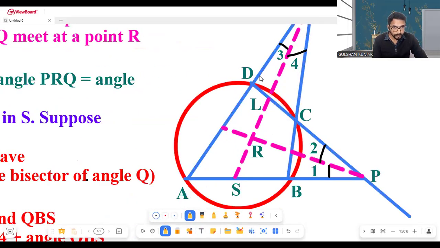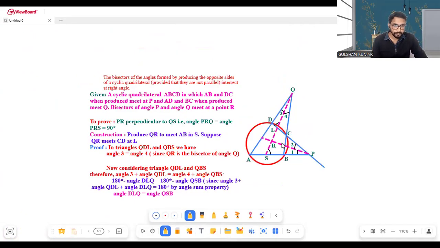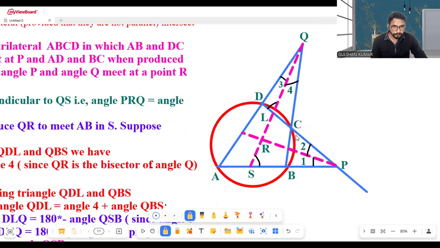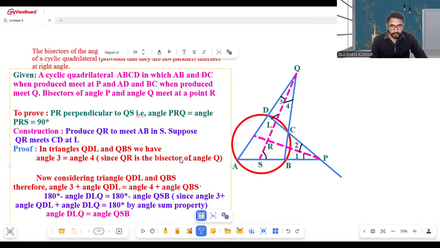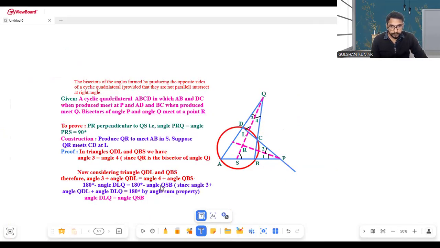I can zoom in. This angle and this angle will be equal. Okay, as it is clear. Now starting with this one.